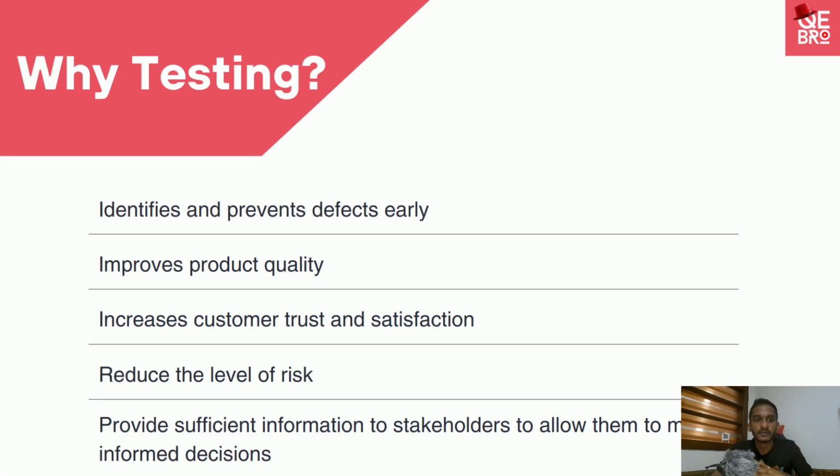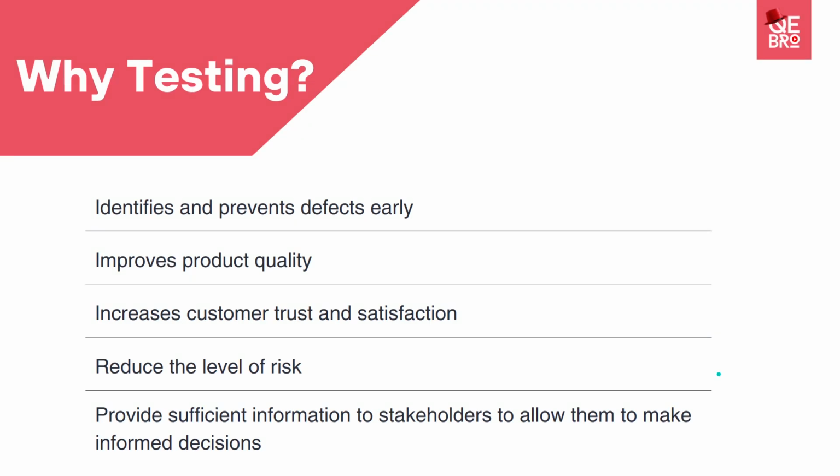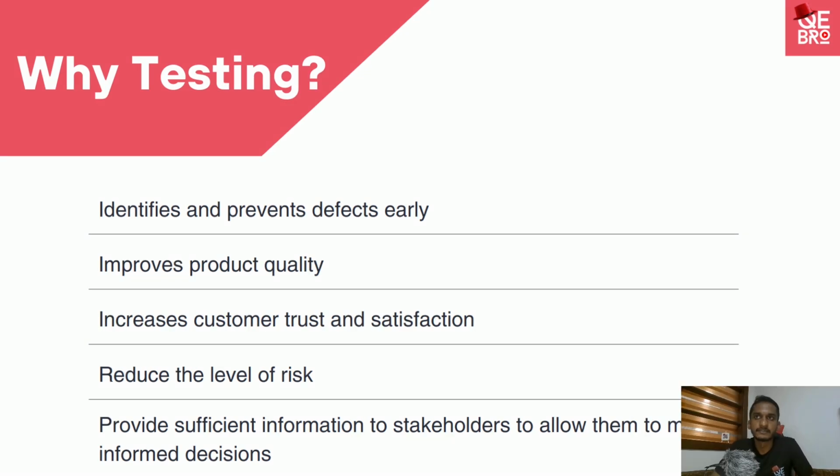You also have sufficient information for the stakeholders, like the product managers, project managers, and the business side, to make their decisions correctly and wisely. Let's say after doing the testing, the quality engineer will share the report. It says we have 3 blockers, the email functionality is broken, and this is related to a new feature we are going to release soon.